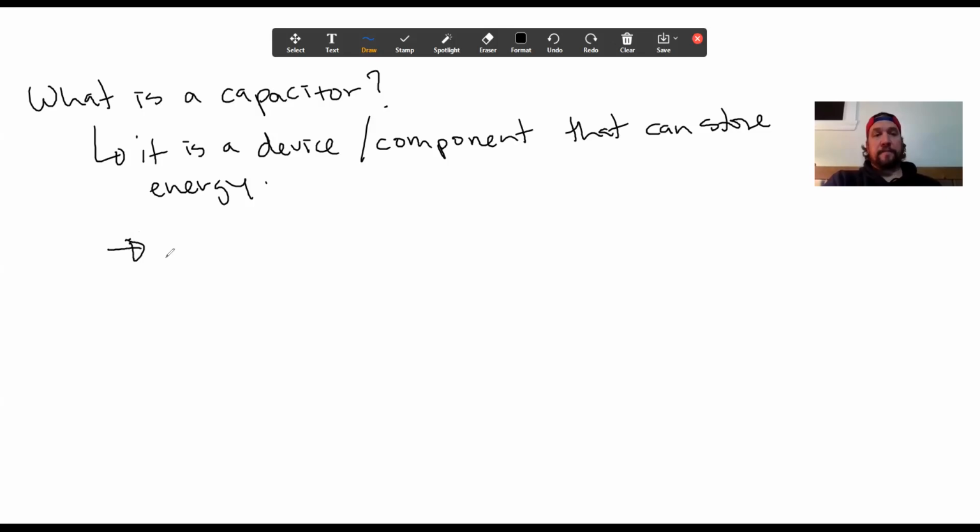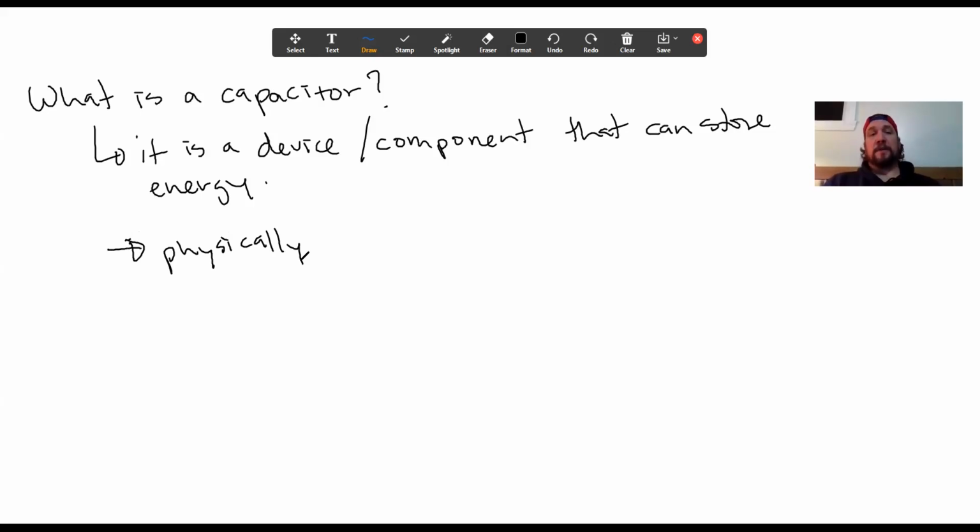Physically, this is pretty much true about any type of capacitor we're going to talk about. Exactly what the metal is made out of and what the material in between the metals is made out of varies.